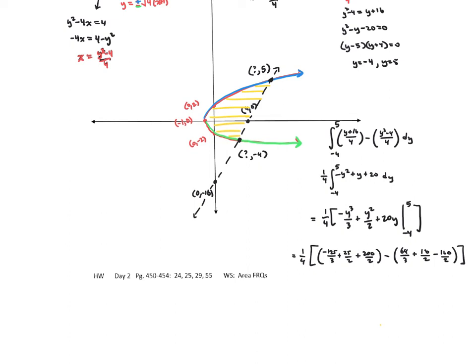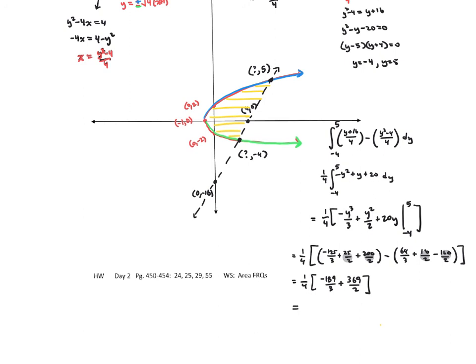Okay, so if I combine terms that have common denominators, I get 1/4 of (-125 minus 64) is -189/3. And combining the other terms, 25 halves, 200 halves, 16 halves, and 160 halves, I get positive 369 halves.